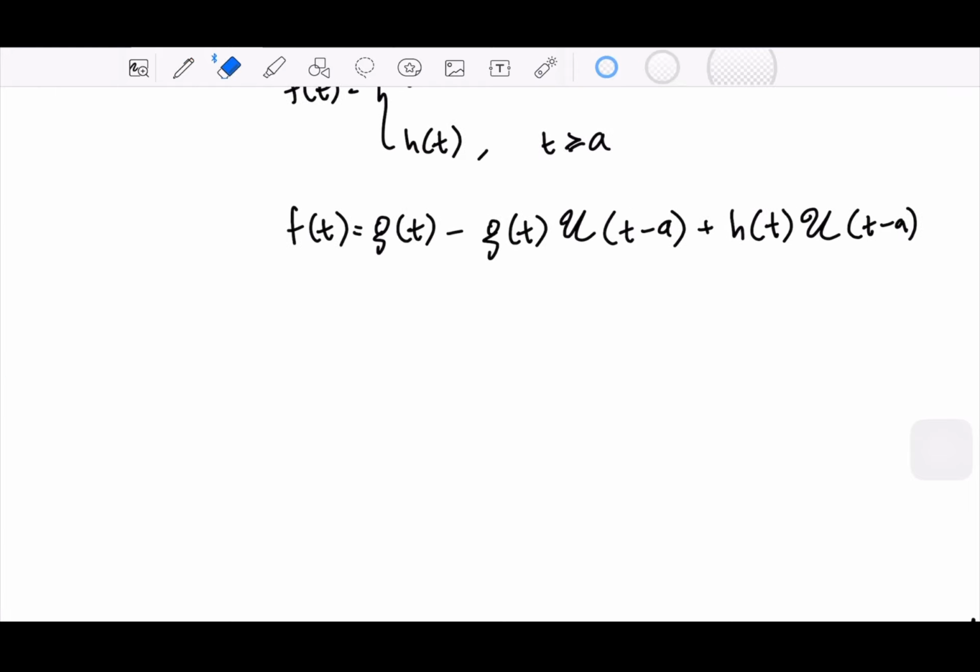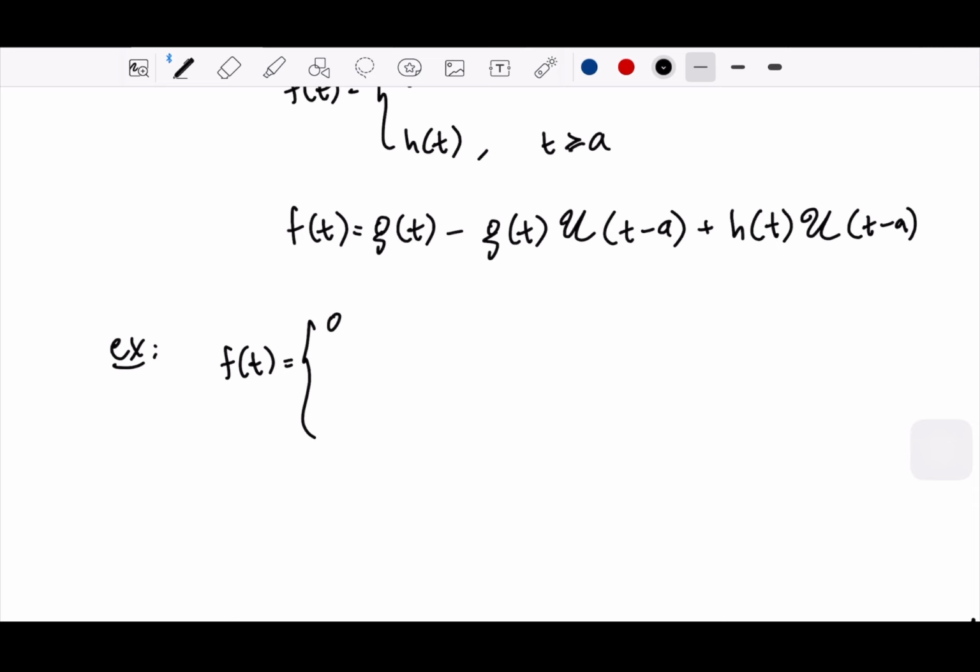For example, we have the f of t. We could also write it with more than one constant. For example, we have 3 intervals.